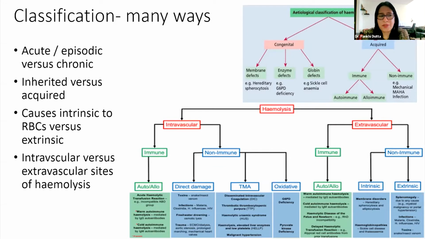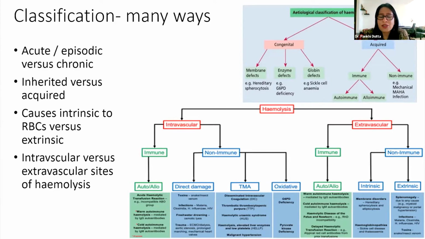It may not always be possible to differentiate between them. Or one could classify based on defects that are intrinsic to RBCs versus some causes that are extrinsic to RBCs. For example, mechanical damage to RBCs. There's no defect in the RBC, there's something else happening.